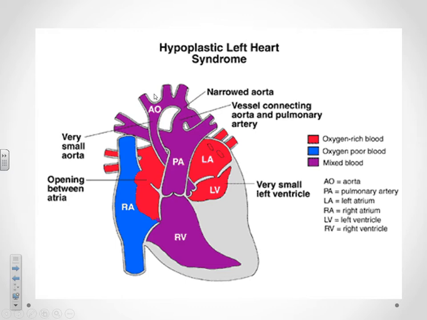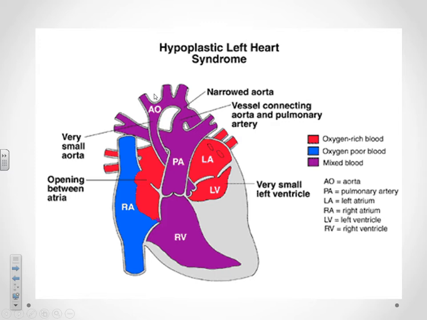I just want you to be aware that it is a staged surgery, and the first one is within the first day of life. If they make it through their first surgery, their outcome is very good. However, when they typically pass away is with their first surgery or shortly thereafter.